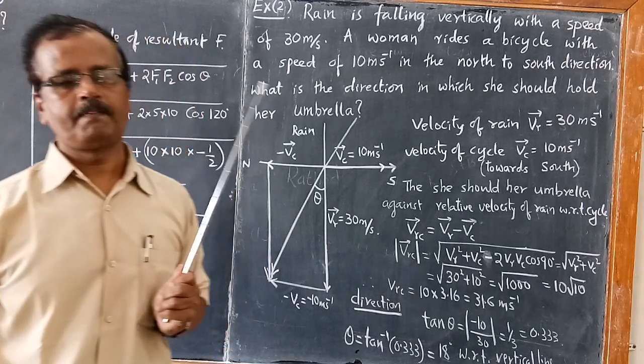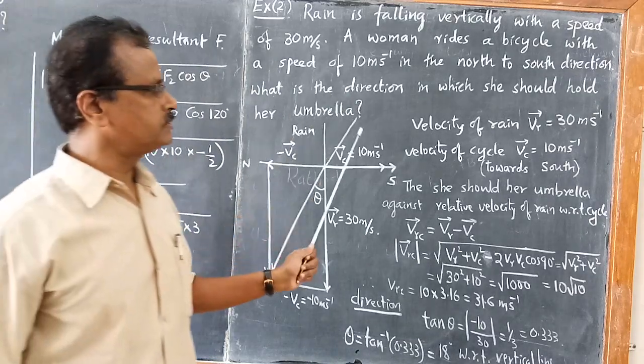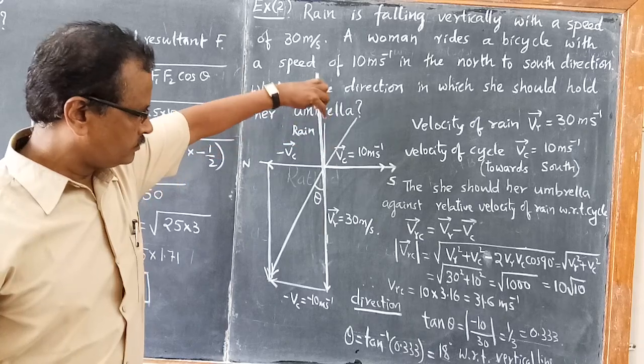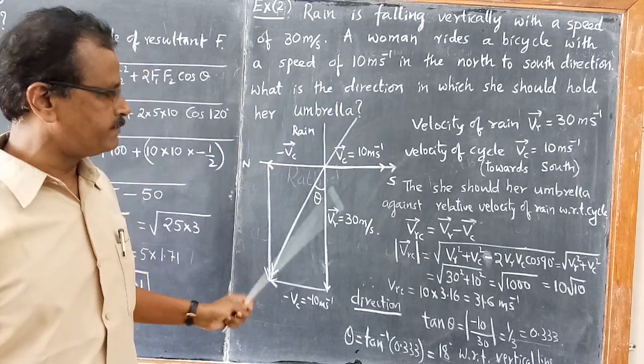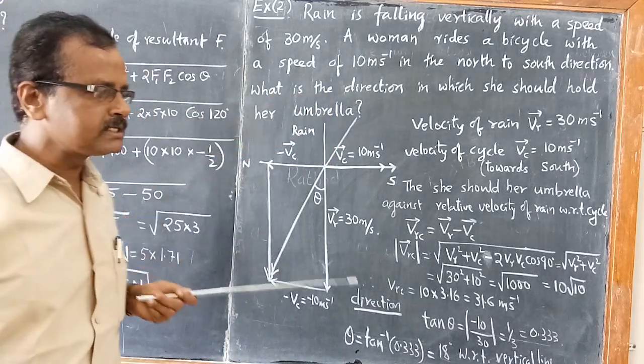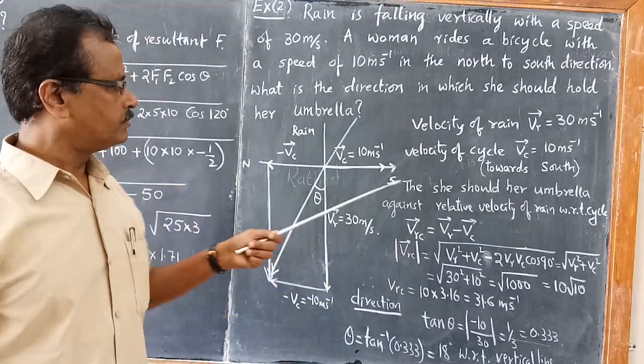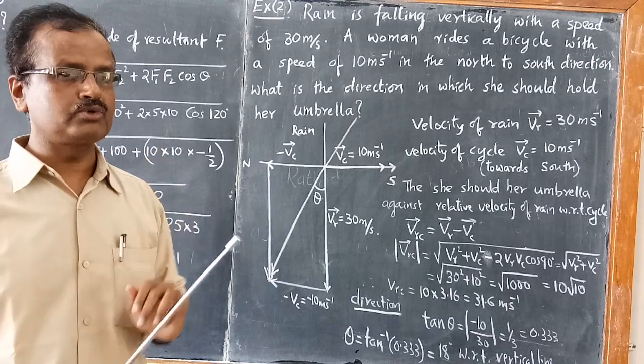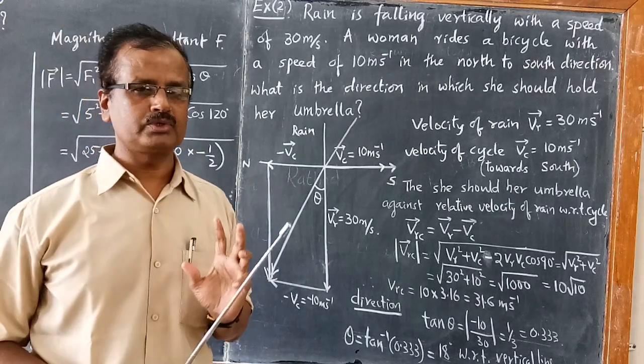This is the question. Now observe this problem carefully. Here rain is falling down vertically with a velocity 30 meter per second and she is riding a bicycle with a speed of 10 meter per second. So two objects are in motion.